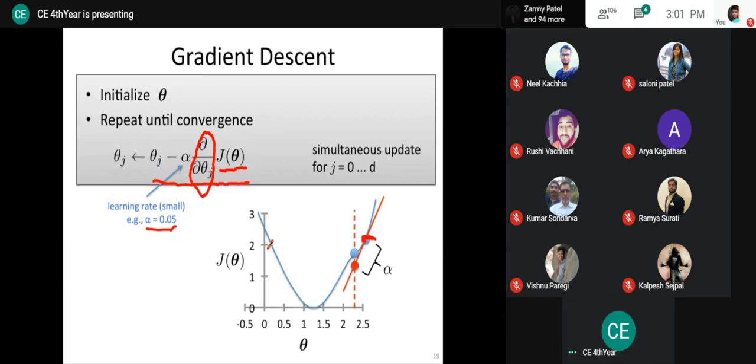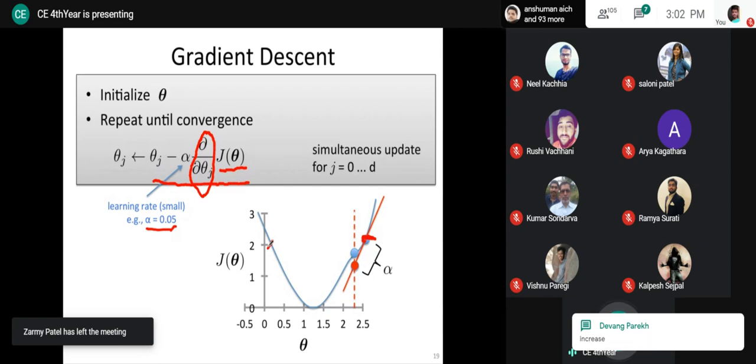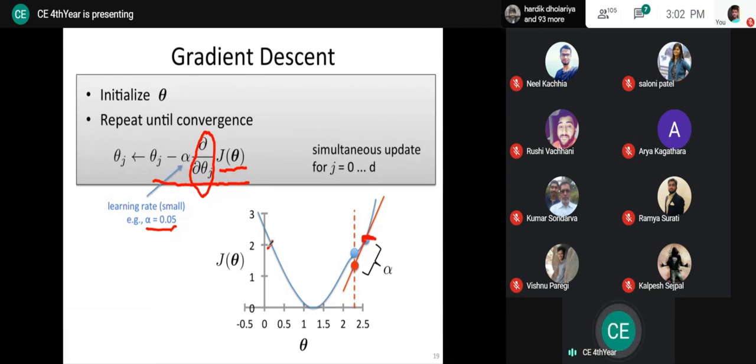Let's say we have initialized theta with some random value, and that calculation of J(theta) gives you this value 2.